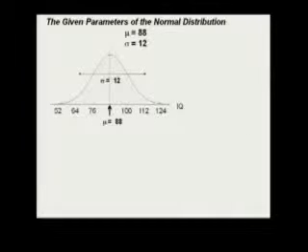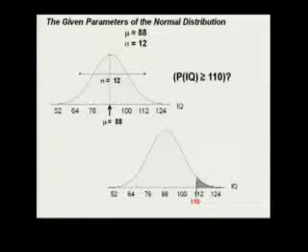So the first question: determine the percent of people in the world whose intelligence is considered above average or better. Let's see that. Here is a normal distribution, and here is the average, and the standard deviation, as we know now, is 12. After we sketch the normal distribution, which is the first step, we can identify where the 110 is going to be, say somewhere in here.